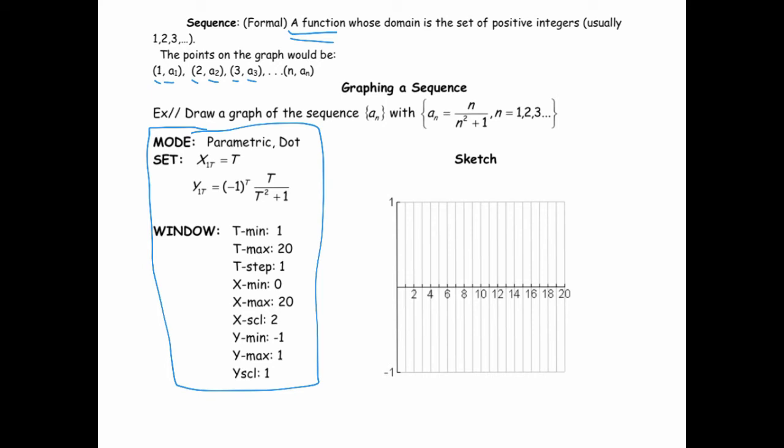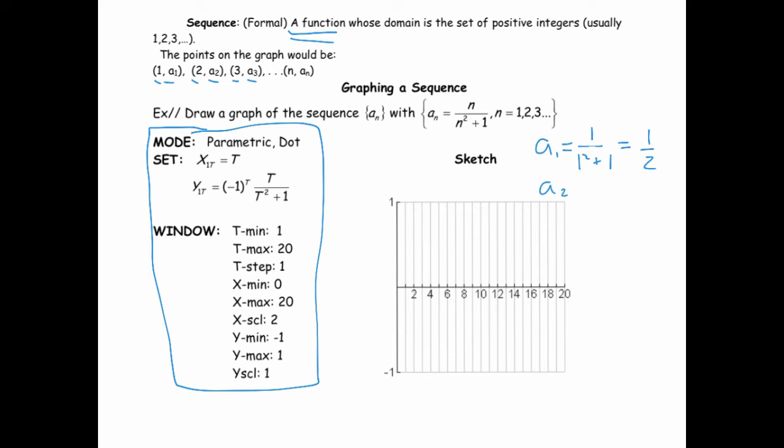So a sub n is defined to be n over n squared plus 1, and we're inputting n values starting at 1 and going off forever. So we'll just list out the first few terms. The first term will be 1 over 1 squared plus 1, which would be 1/2.